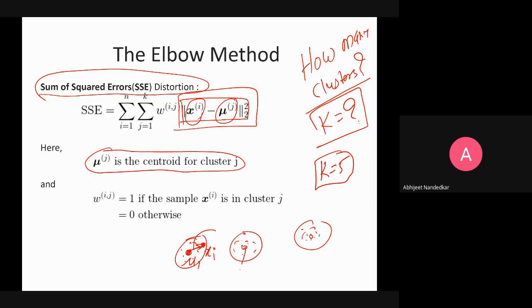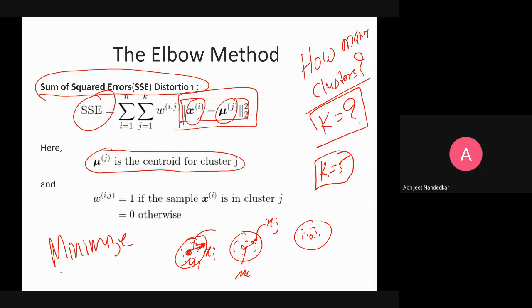So you have some mu2 here, then you will calculate for some point xj the distance square. You will add all such distances of your training samples with their respective centroids, and you will try to minimize this sum of square error.